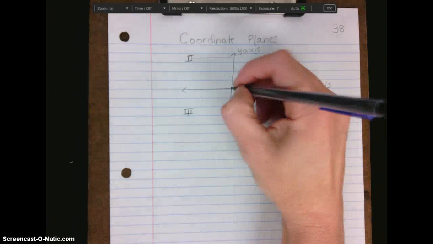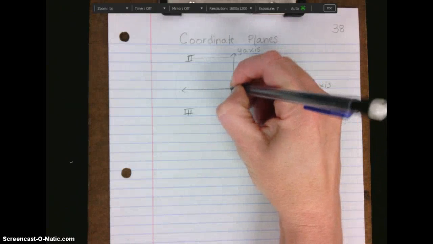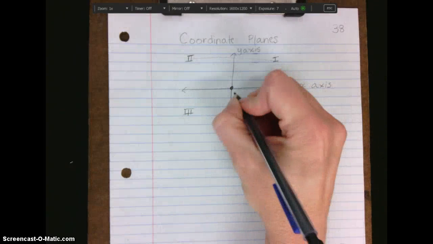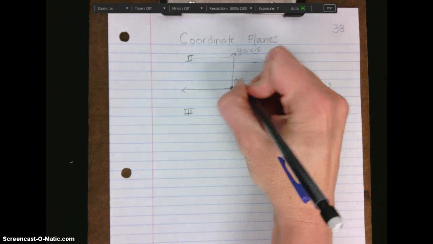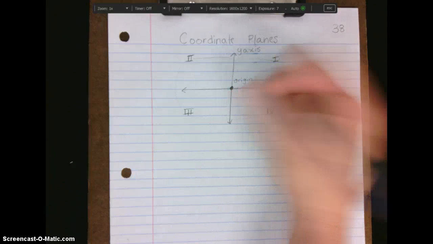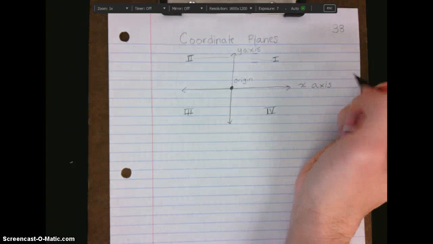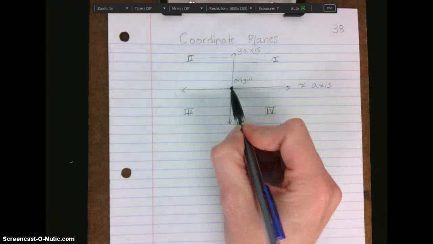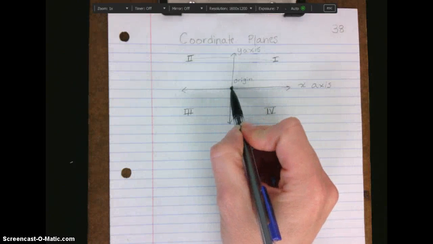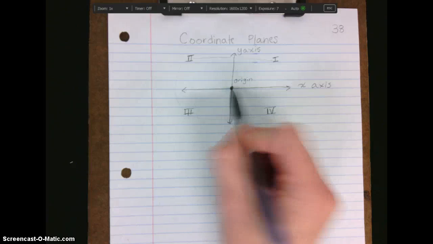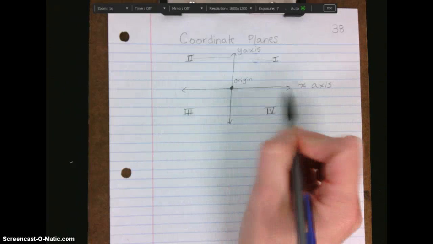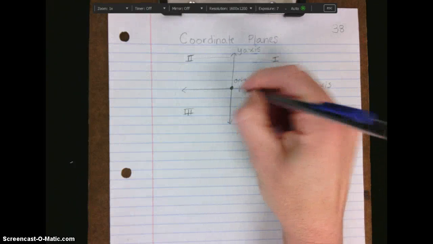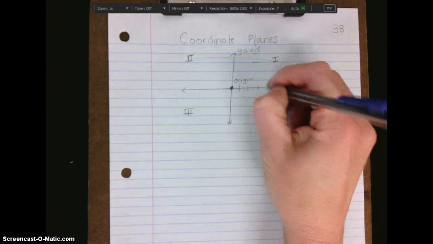Also, a place of importance is this spot right here where the two number lines intersect. This is called the origin. Just like another word that is related to origin, original, this is where we start all of our movements. We always go across the x-axis first, so we always go left to right. We would go right if we have a positive x-coordinate.